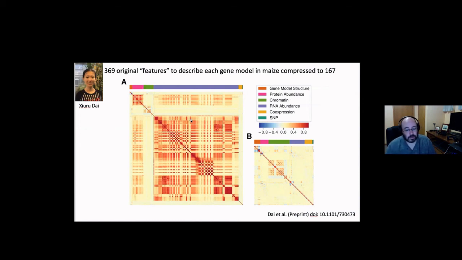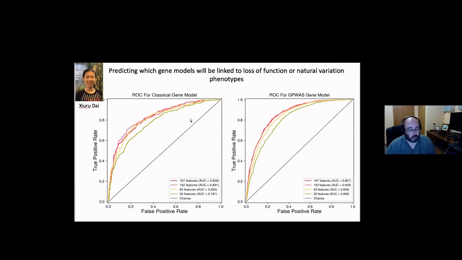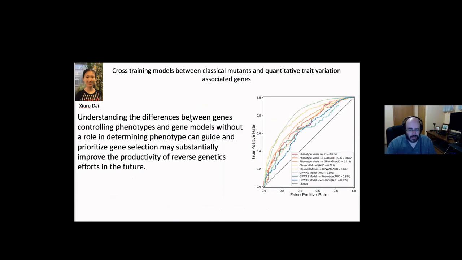So that's what another student in my lab, Shiru Dai, did: she assembled a large number of different descriptors, features of gene models in the genome, and used random forest prediction algorithms to get surprisingly accurate prediction of which genes would produce mutant phenotypes and which genes would be associated with quantitative phenotypic variation, and is currently working on how we merge those models together so we can get even better predictions.